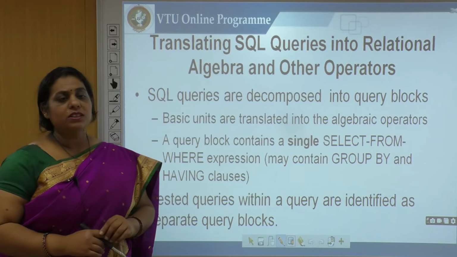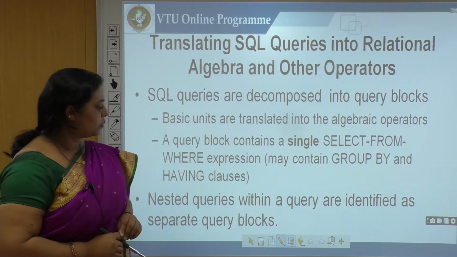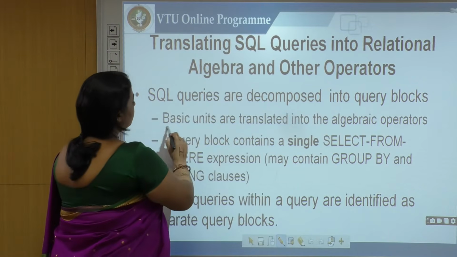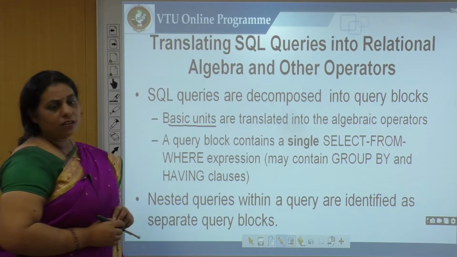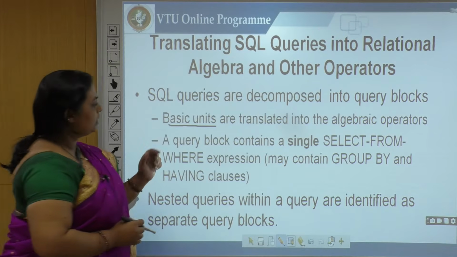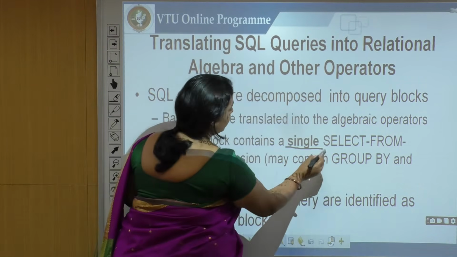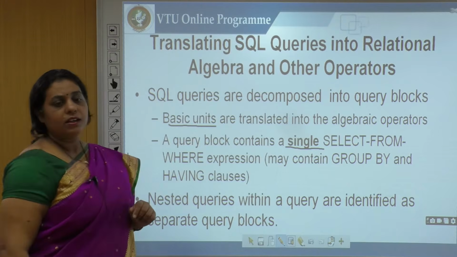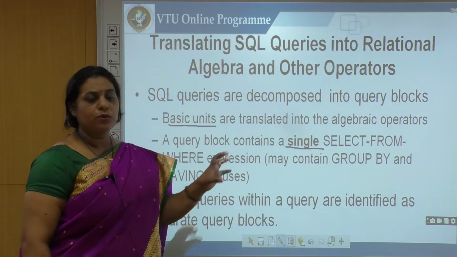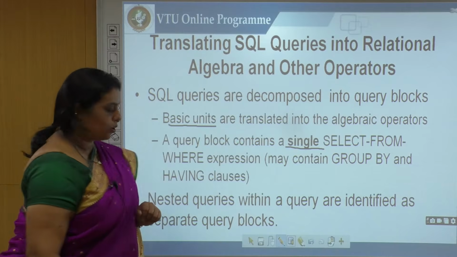So when I am executing the SQL query, we will split or decompose the query into query blocks, and each query block is capable of handling a single select from where expression, or it may consist of group by or having clause here.